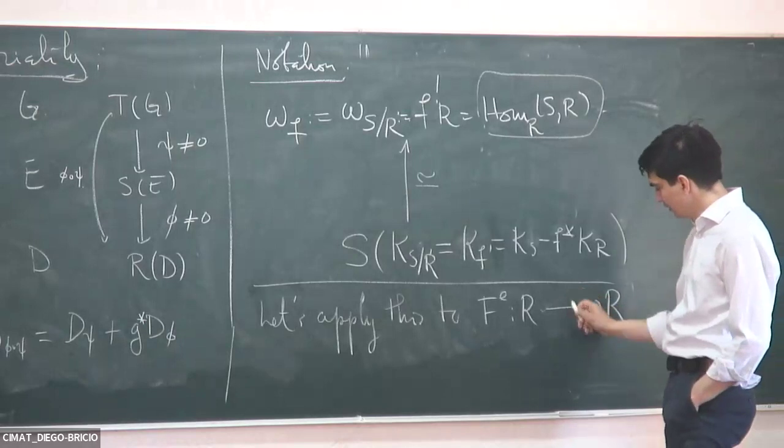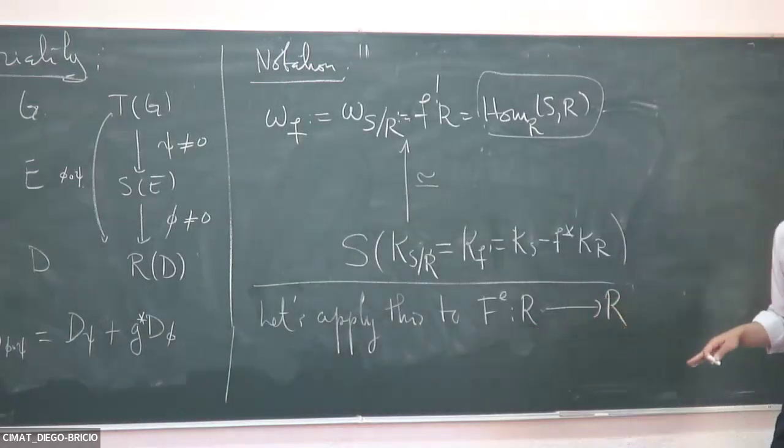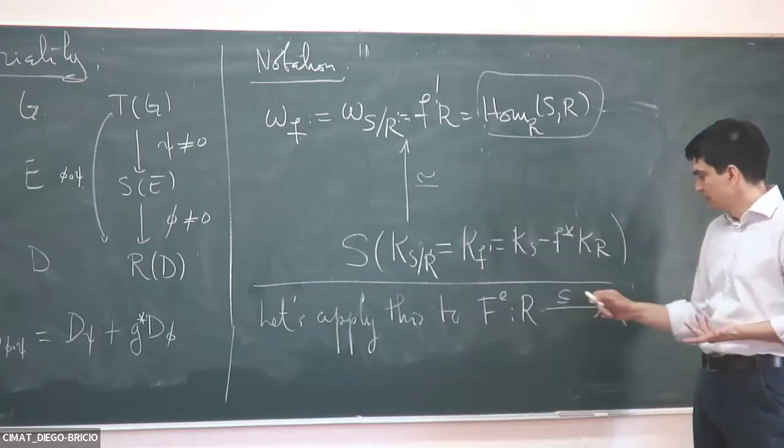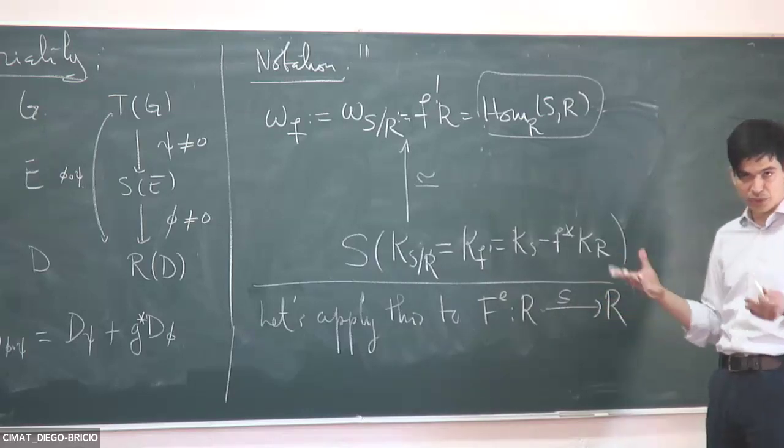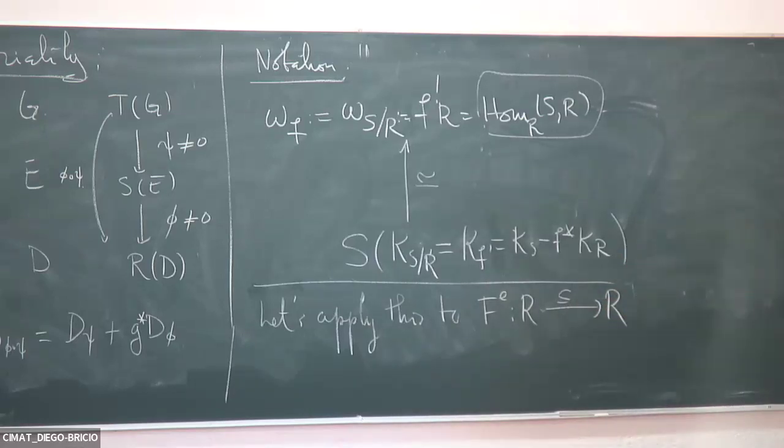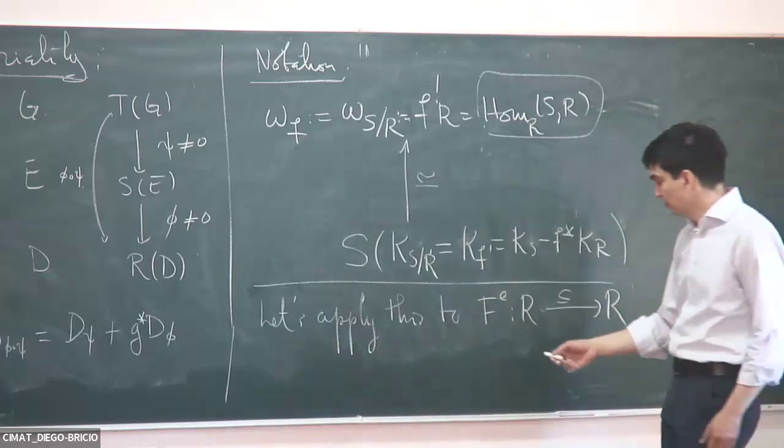So still, we're assuming that R is an integral domain. In particular, it is reduced, and so the Frobenius is injective. So you can think of it as an inclusion. So it is a finite cover.